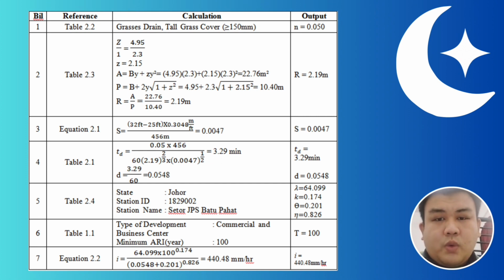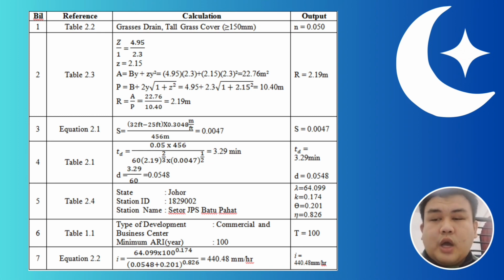From the calculation, we got 22.76 square meters and 10.4 meters respectively. So we divide A by P, and we get the answer 2.19 meters. Then in number 3, for equation 2.1 for friction slope, first we need to find the lowest elevation and highest elevation from Google Earth Pro.